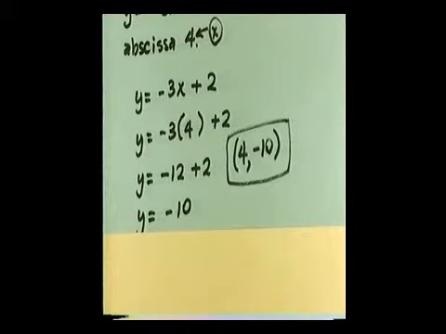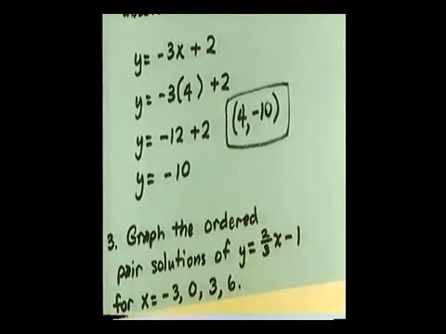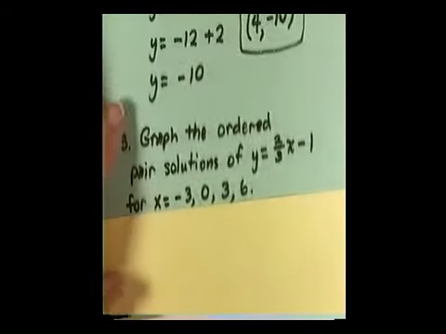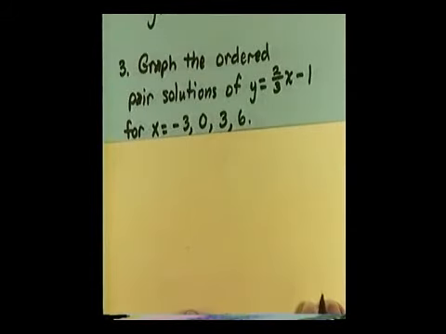To put this technique to use, let's graph the ordered pair solutions of this equation, y equals 2/3 x subtract 1. Graph the ordered pair solutions of y equals 2/3 x subtract 1 for x equals negative 3, 0, 3, and 6. 4 different x values.